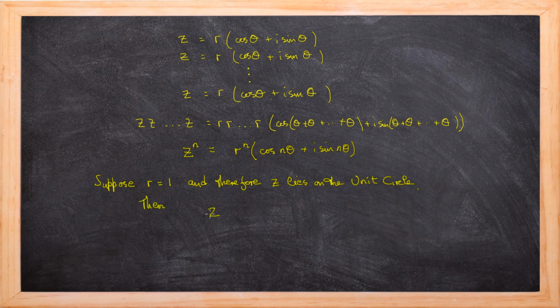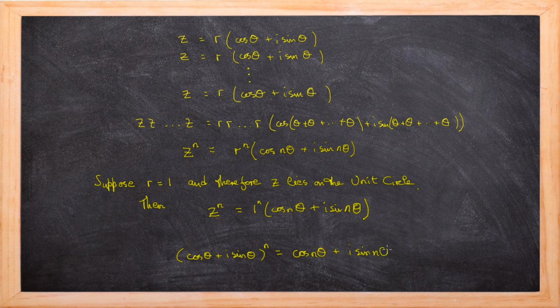Well, we've got z to the n equals 1 to the power n times cos n theta plus i sin n theta. Now remember, z in this case is just cos theta plus i sin theta. So we get the result that cos theta plus i sin theta raised to the power n is equal to cos n theta plus i sin n theta.